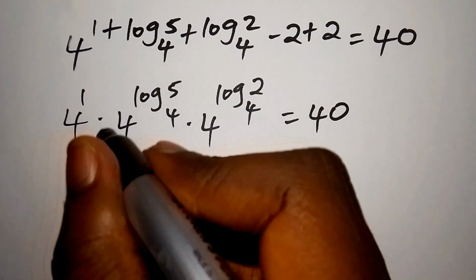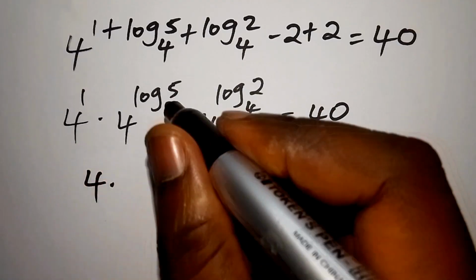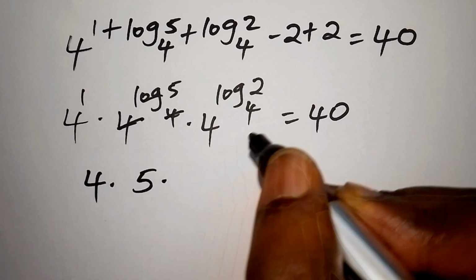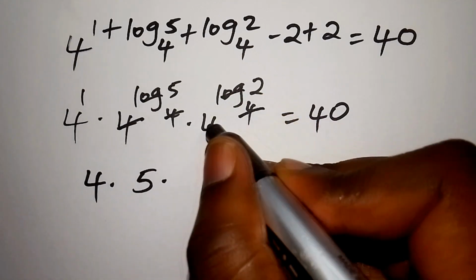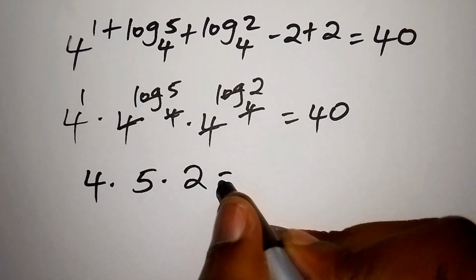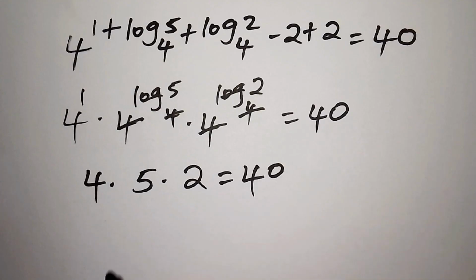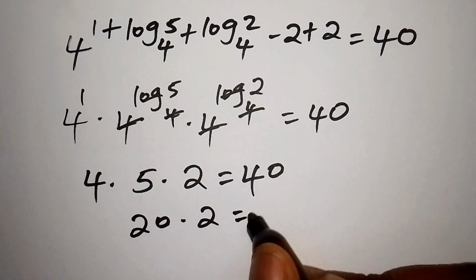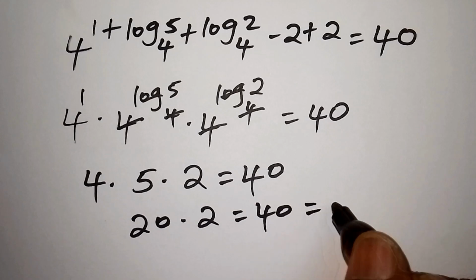So 4 to the power of 1 is 4, multiplied by, so the log to the base of 4 shall cancel this 4, then 5 multiplied by, the log to the base of 4 shall cancel this 4, by 2 is equal to 40. So 4 multiplied by 5 is 20, then 20 multiplied by 2 is equal to 40.